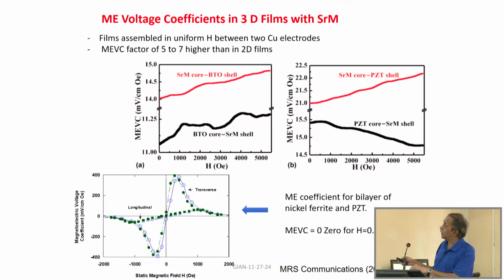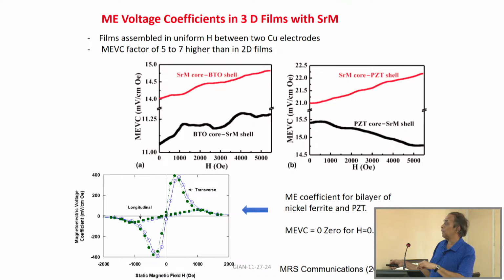Now, the one thing I want you to notice is when the bias field is 0, there is a finite voltage coefficient. It is not 0 as in this case. The one in the bottom left is a bilayer of a platelet of nickel ferrite and PZT.